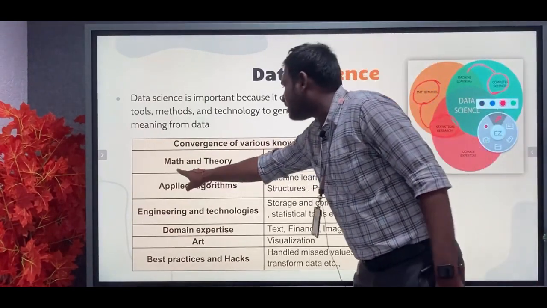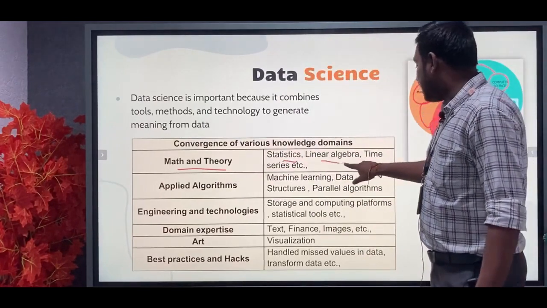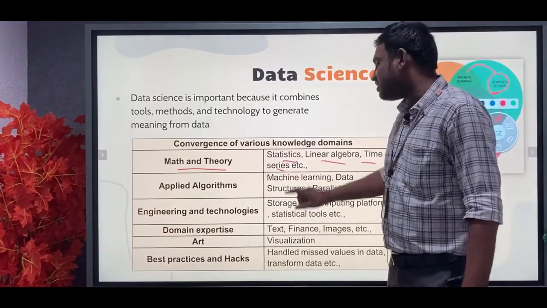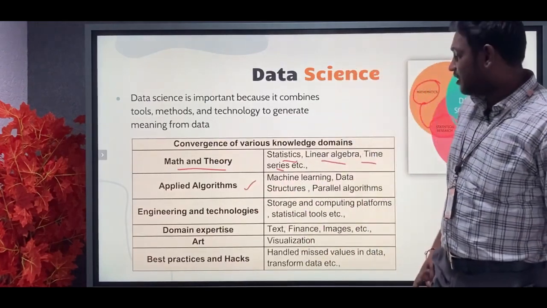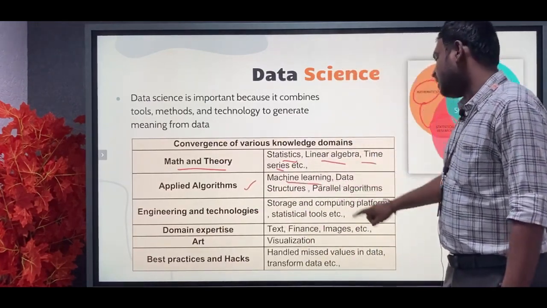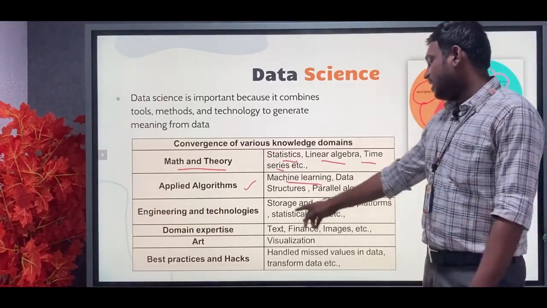Coming to maths and theory, you must have knowledge in statistics, linear algebra, time series, etc. Coming to applied algorithms in computer science, that is machine learning, data structures and parallel algorithms. Next, engineering and technologies.